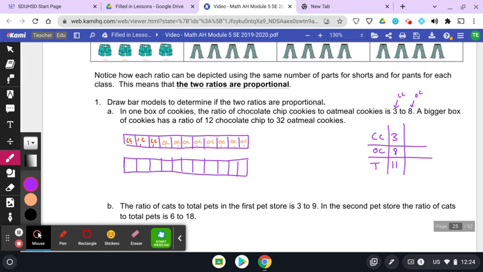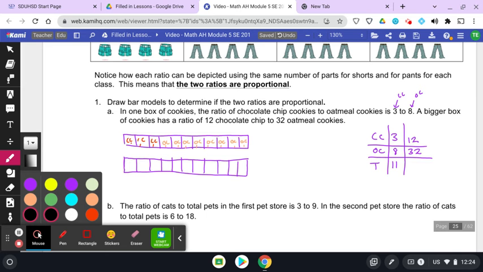Now we're trying to figure out, is it proportional to 12 chocolate chip cookies and 32 oatmeal cookies? Is there a factor I can scale up by? Oh yeah, 3 times 4 is 12, and 8 times 4 is 32.